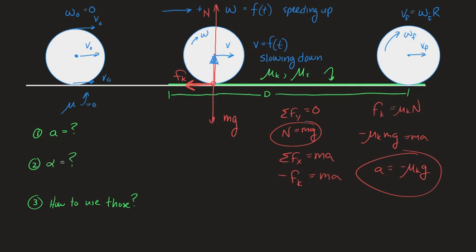This is where you, as problem solver, make decisions about what it means to be positive. We're looking for the conditions for rolling to occur, and these are still both vectors. So you need to find a consistent thing that is positive and stick with it. Into the board is positive for this problem when it comes to the rotation of the disk.